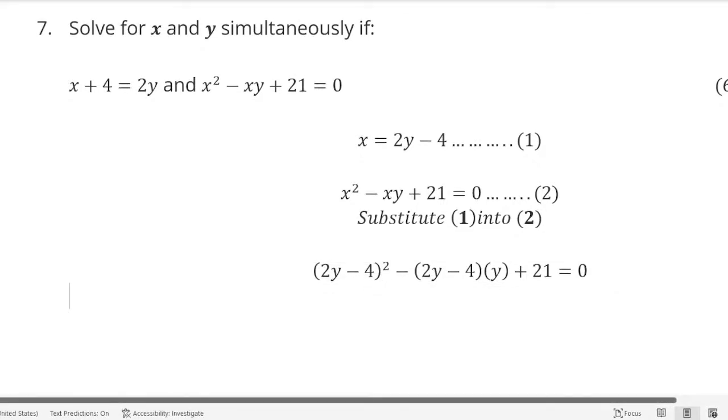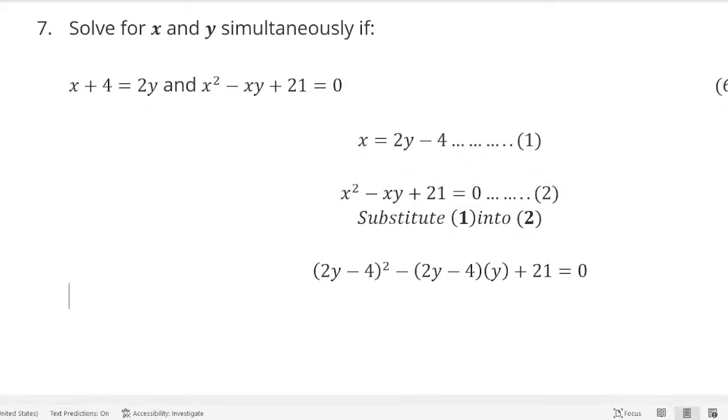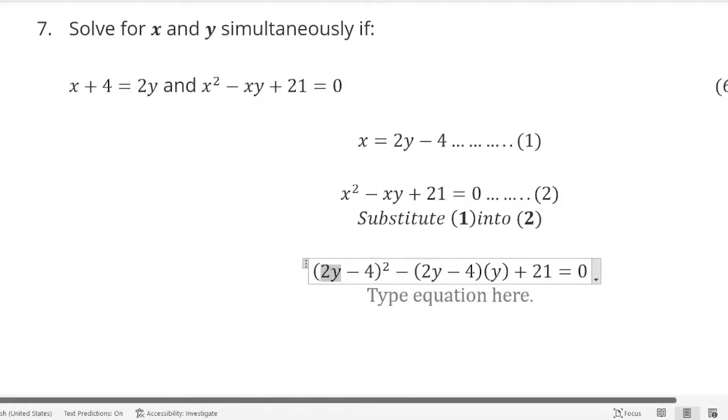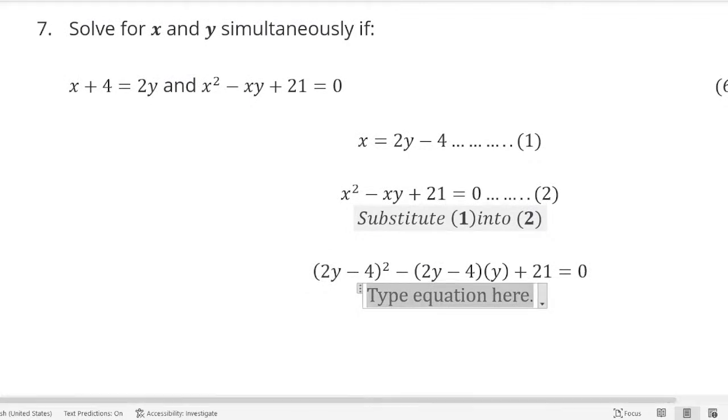So listen carefully. 2y multiplied by 2y, that will be 4y squared.